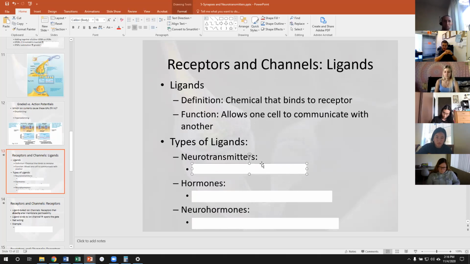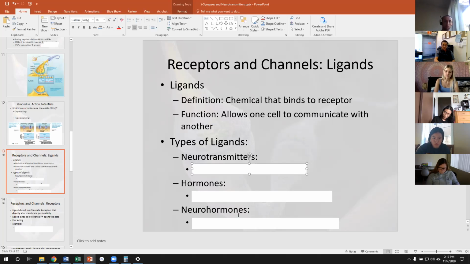The example is acetylcholine, and actually all the neurotransmitters at the end of these notes. It's a ligand that binds to a receptor and opens up a channel, which allows ion flow, and then we get graded potentials, which will eventually lead to an action potential or inhibit an action potential.